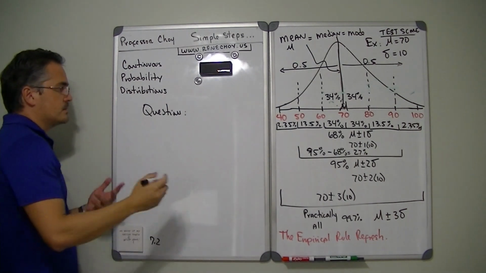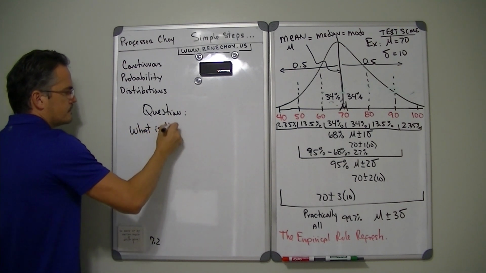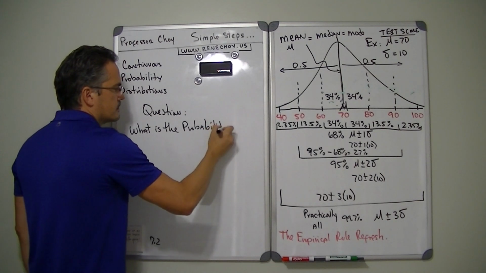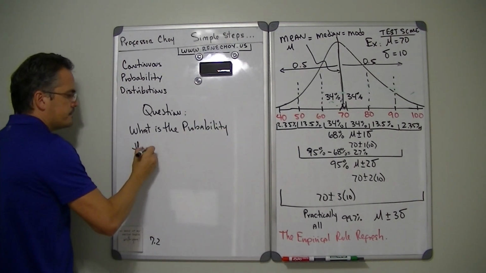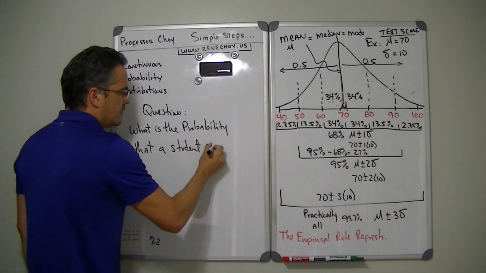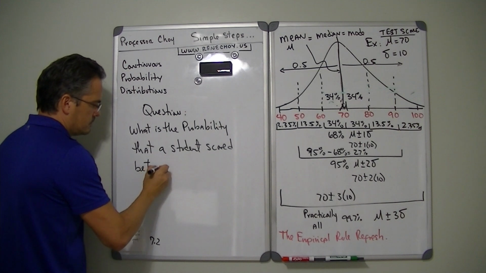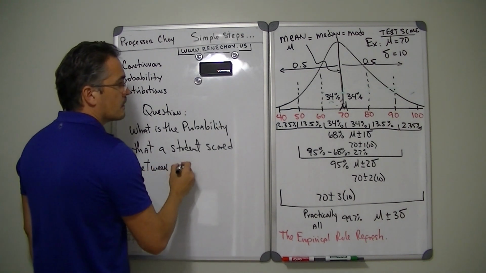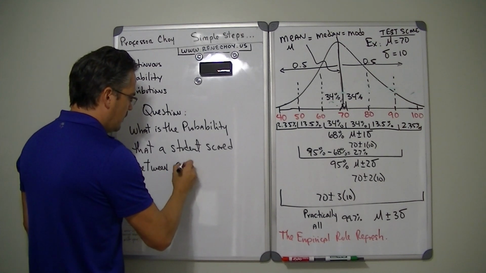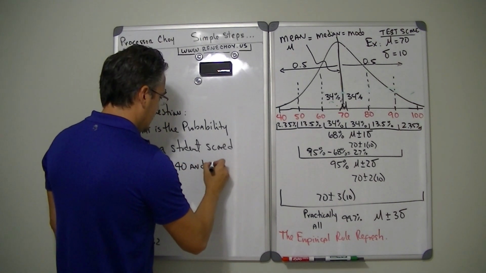Let's say they ask you, what is the probability that a student scored between, let's do 40 and 60.